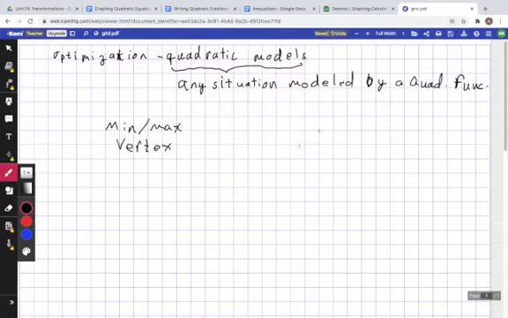The other situation that we can have is a situation where we need to answer the question, how far did it travel? This comes up a lot in physics. So, how far did an object travel?